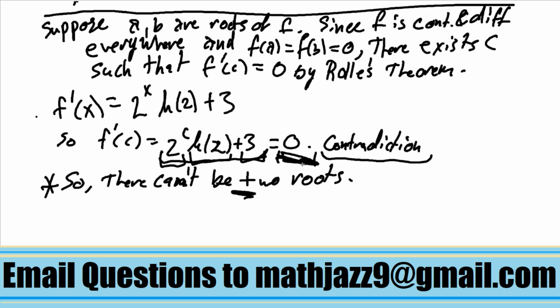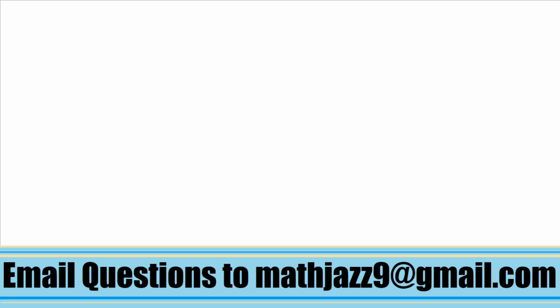So we go back to the last thing that we assumed, which in this case was: suppose A and B are roots of f. That was the last time we made an assumption. Everything else was logic. So that means that this statement here has to be false. Well, what does that mean? That means that you can't have picked two different roots of f. And that's how it goes. Okay, so let us move on to another question.